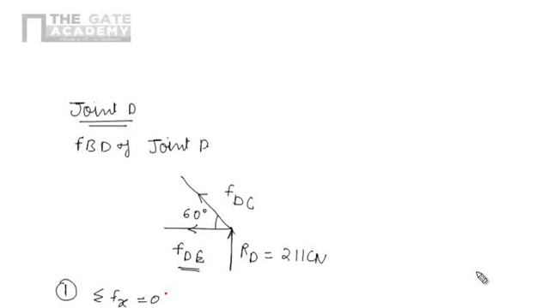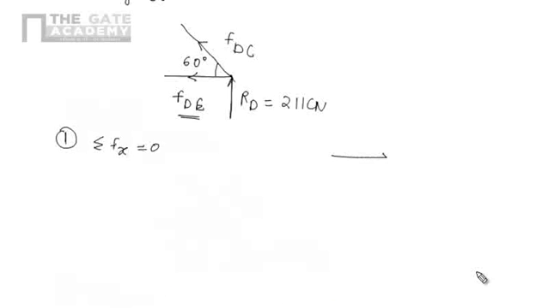So I am applying only one equation: the algebraic summation of all horizontal forces should be 0. In the horizontal direction, positive axis is positive, negative axis is negative. So we are having minus FDC cos 60, because this component is in the negative direction, minus FDE equals 0, and we know the value of CD.